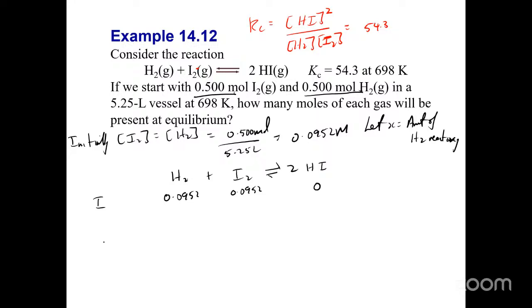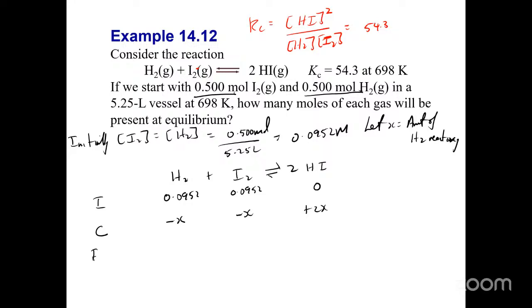So as far as the changes are concerned, the amount of H2 reacting will be minus X. The amount of I2, because it's a 1-to-1 mole ratio, will be minus X. And as far as the HI is concerned, it's a 2-to-1 mole ratio between the HI that is produced and the H2 that is reacting. So I'm going to put plus 2X here. Of course, it's plus because HI is being produced.